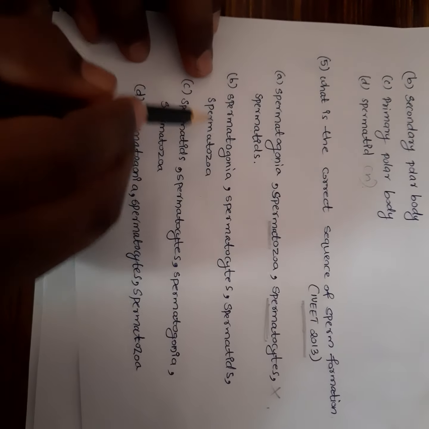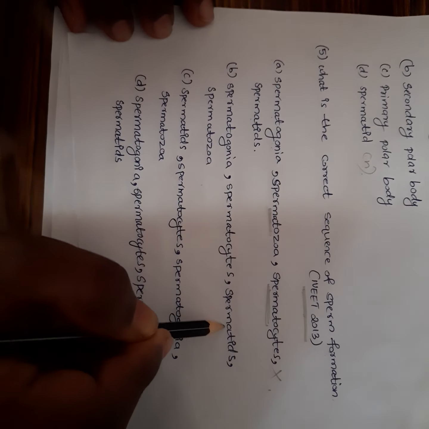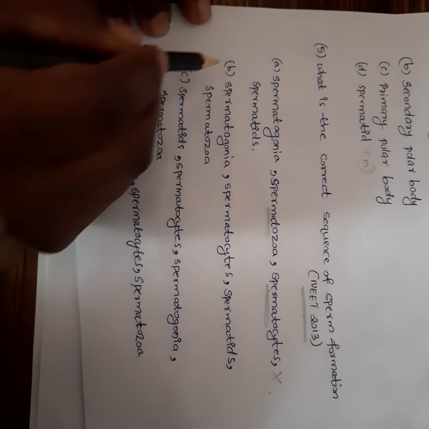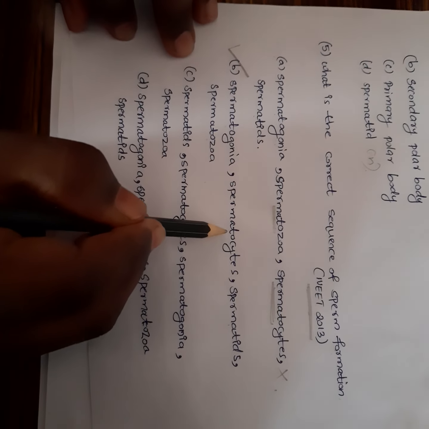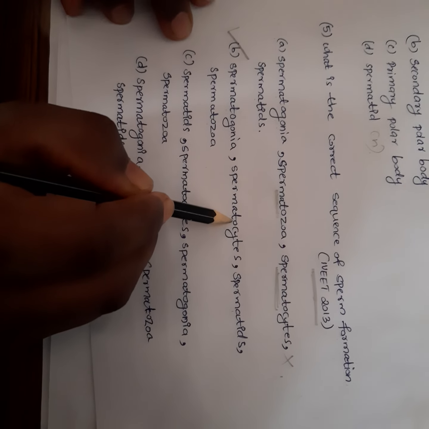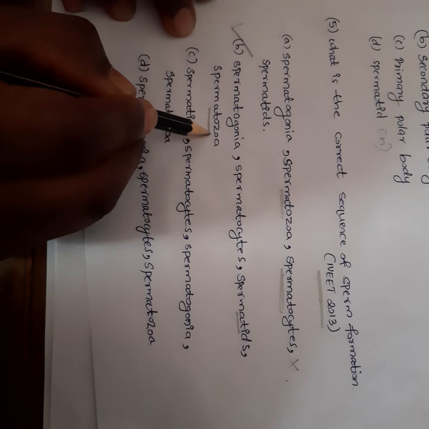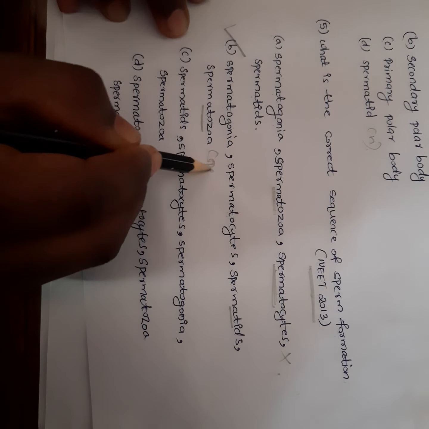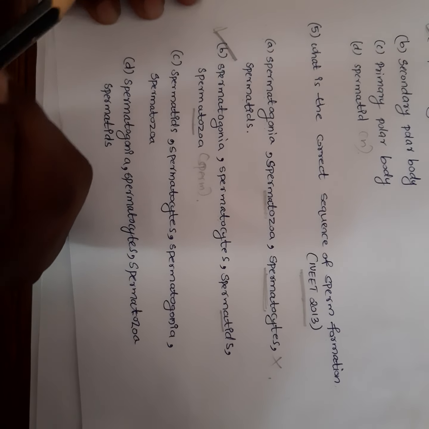Next, I'm taking option B. Spermatogonia, then spermatocyte, then spermatid, then spermatozoa. That is the correct answer. Spermatogonia will convert into spermatocyte, which can be primary spermatocyte and secondary spermatocyte. Then it will form spermatid and finally spermatozoa or sperm. Right. So the correct answer will be option B.